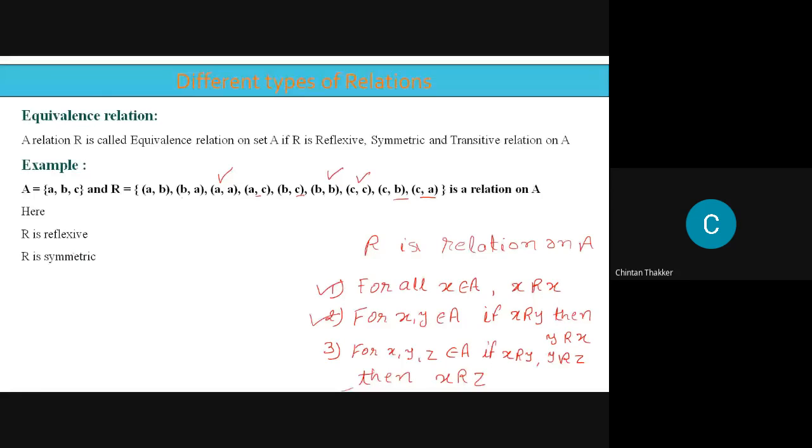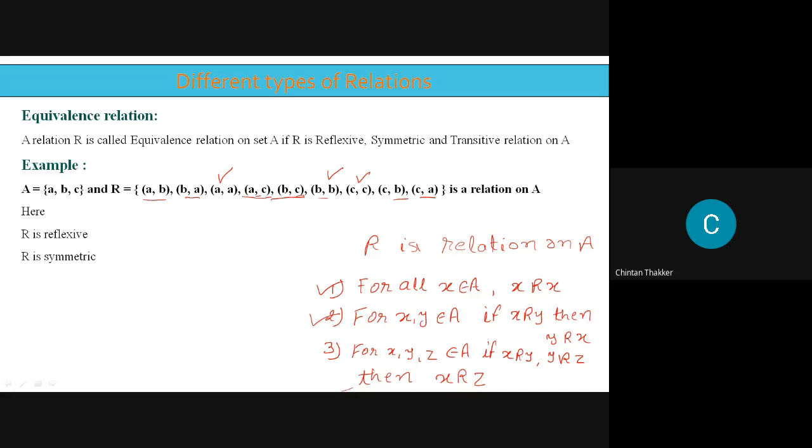So you see, A is related to B, B is related to C, then we have A related to C. Then B related to A, then A related to B, we have B related to A. Similar way, A related to C, C related to B, then A related to B is also there.